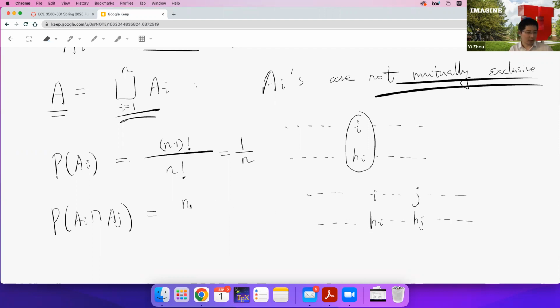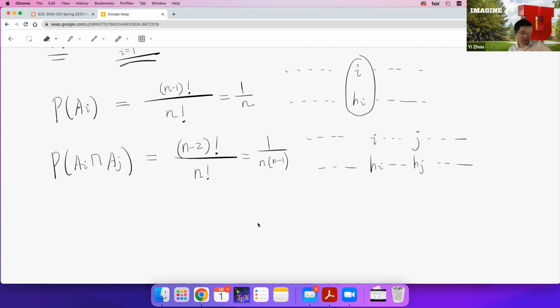So we have this many permutations over this many total permutations, and we get this. And then you keep doing this.